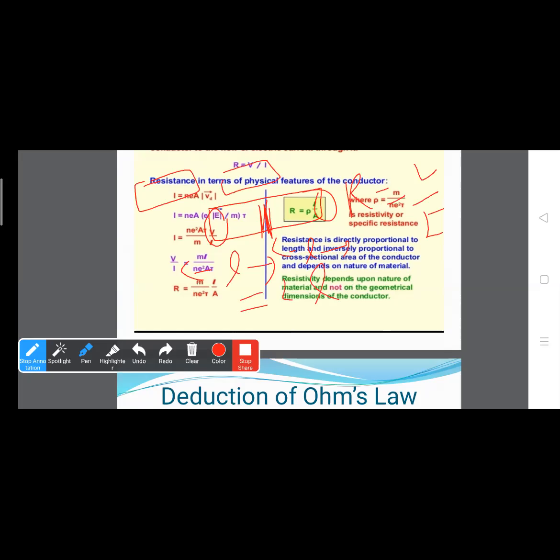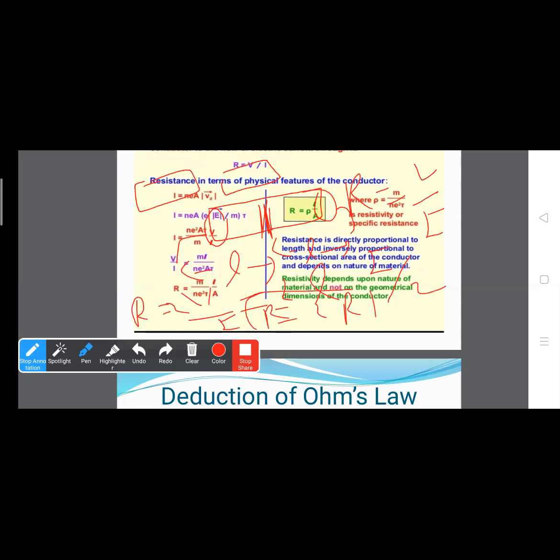If some potential difference V is applied across the ends of the combination, then the current through them will become half, I by 2. Therefore, the resistance of the combination R' is given by V upon I by 2. So it comes out to R' equal to 2R.